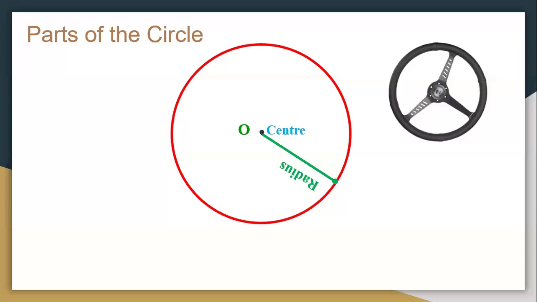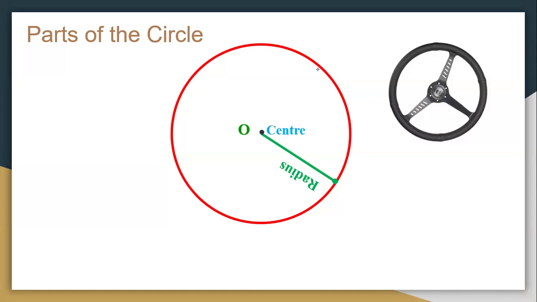He has told us that radius is the distance that is half the diameter. Very good. Yes, Patricia? I think the radius is like the line that joins the center to the circumference. Okay, good. The line that joins the center to the circumference.